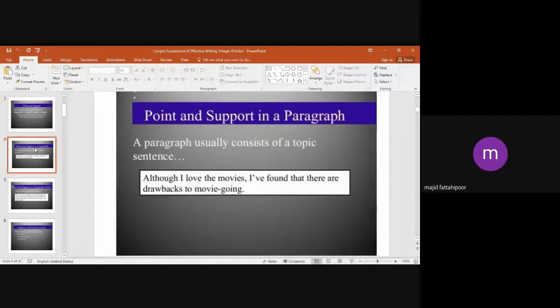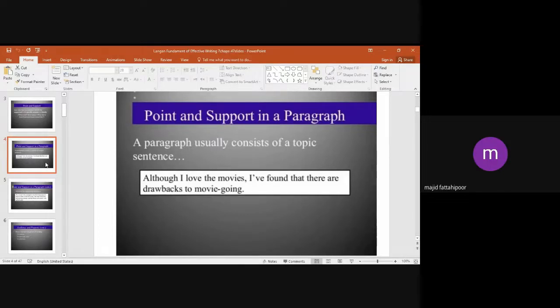Then we have this example as a topic sentence. Before going to the next slide, can I ask the audience to write some reasons or details for this? You can just type it in the chat box, okay? Write some details, okay?